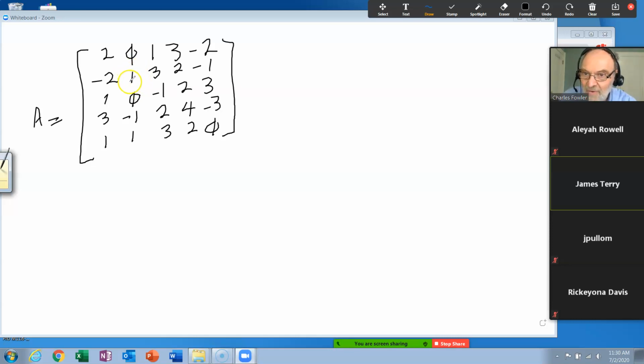Okay, so I'm going to use this one here to eliminate that one and that one, make those zeros. So basically that means we're doing determinants now, so I'm going to put the determinant sign in here.